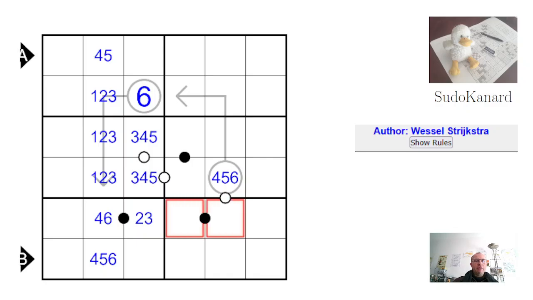So 1 is never on this, and 5 is never on this because it can't be in a ratio of 1 to 2. So we have the 1 and the 5 there. Okay. And something of interest here.